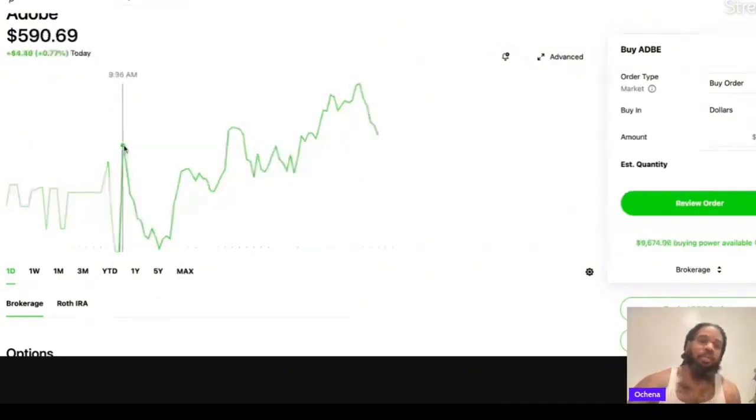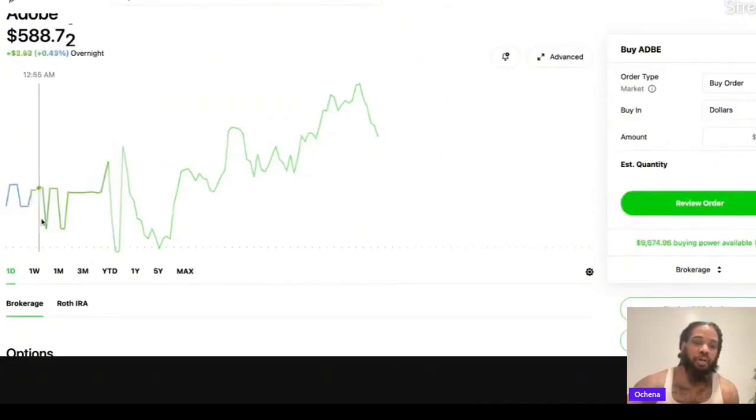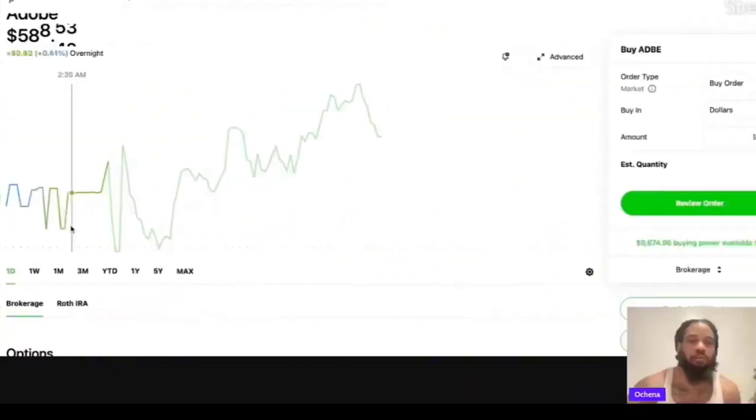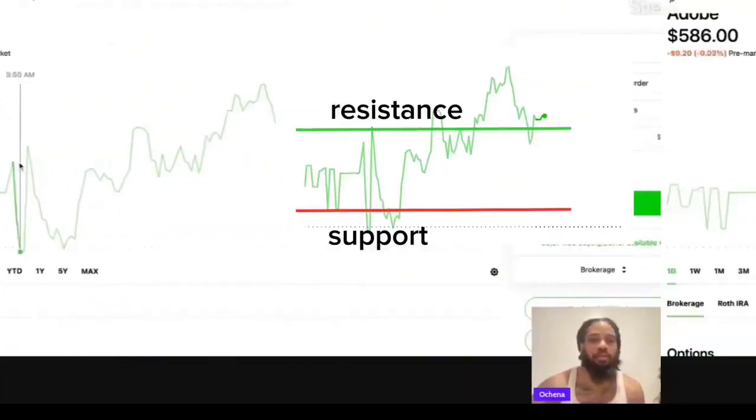What that means is the stock is not really going to pass that line in that particular time. And then for our support line, we're going to find a lower part of the stock. So for example, you're going to draw a support line down here. We want to have a support line and a resistance line.